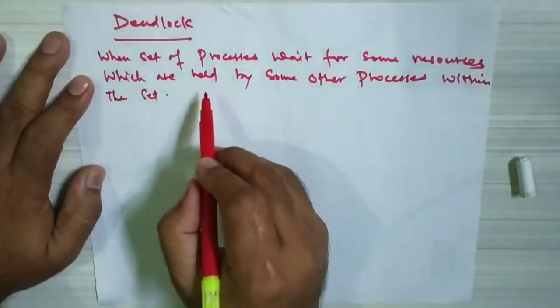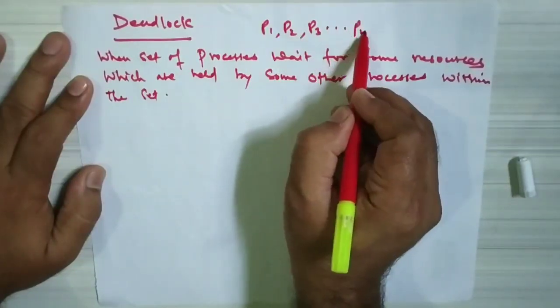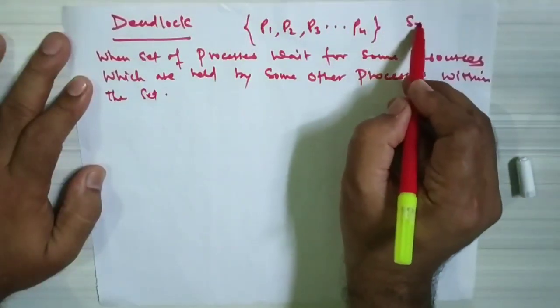We have seen the set, that is p1, p2, p3, and it may go to pn. So this is the set of processes.